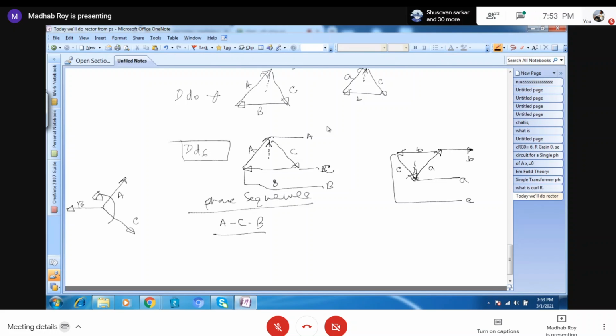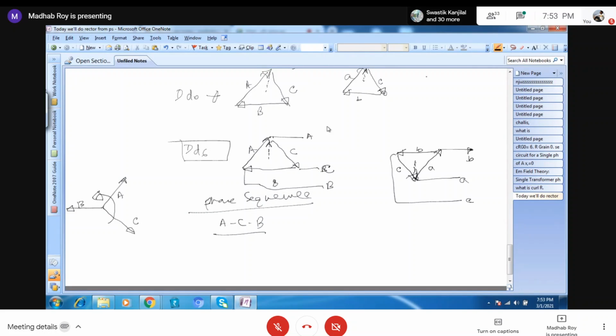Here, C positive has been connected with the B negative. Now we see that A positive here has been connected with the B negative. So this is the changing of the connection. Similarly, C negative was connected with A, and now here it is connected with C. So that's the connection diagram.